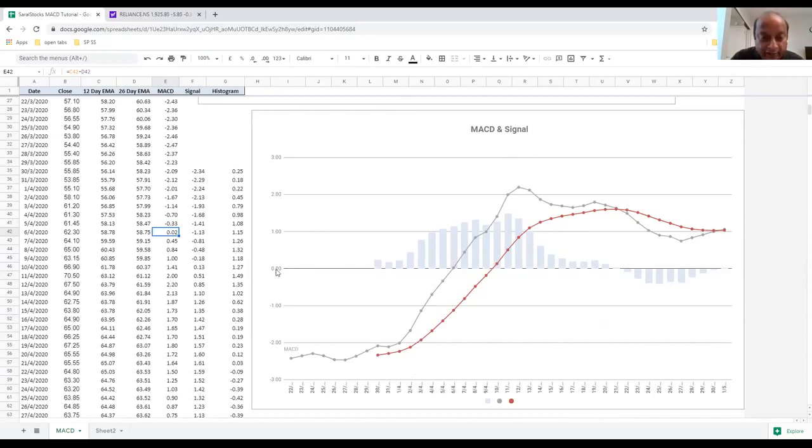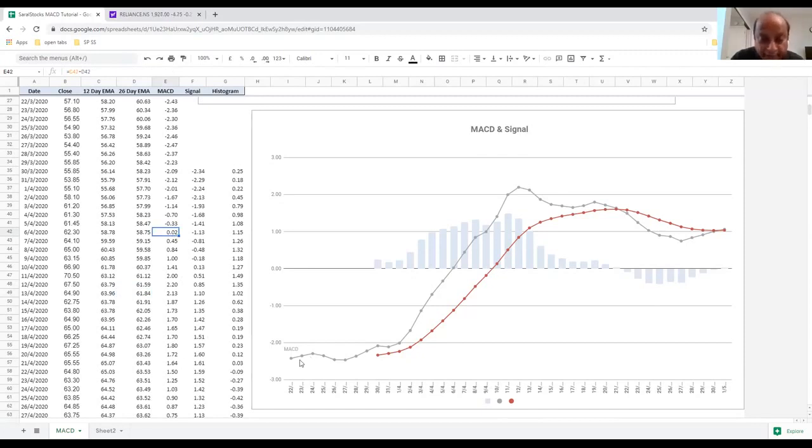And if you see the change in MACD around here, from negative value to positive value, it happened on the 6-4. So again, we saw earlier also 6-4 is always coming up as a number, and here's where that MACD value was.